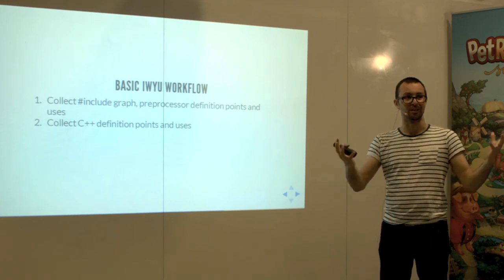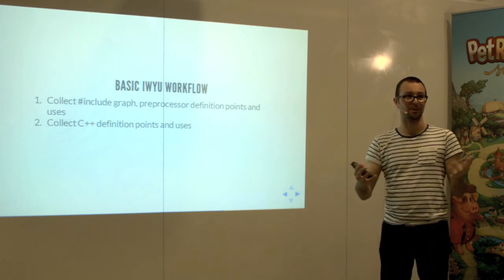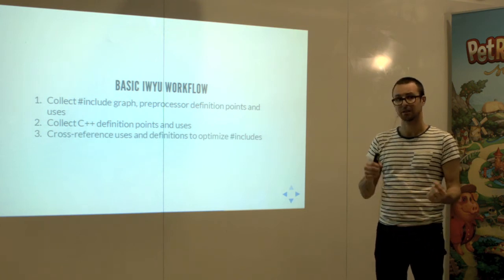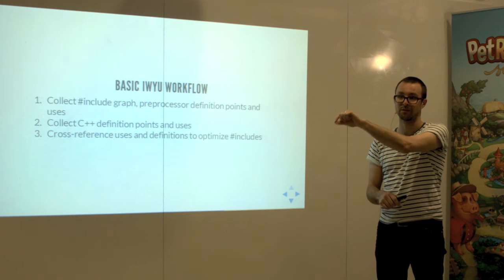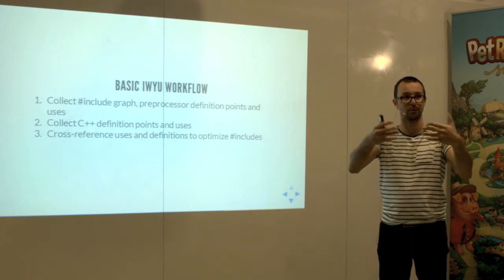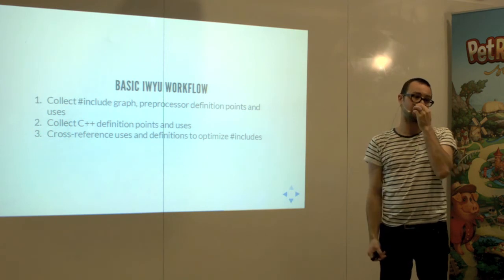And then we have two huge, wonderful sets that we can start cross-referencing. Because now we know where everything is defined and where everything is used, and we can start reducing until we reach some sort of optimum.